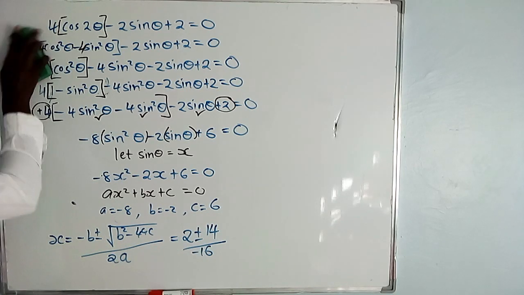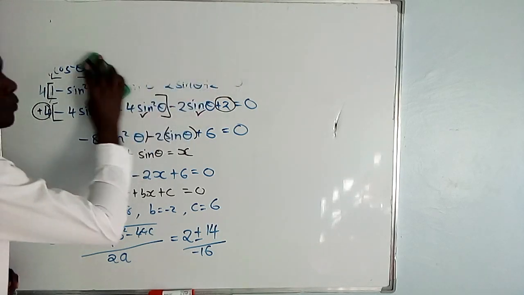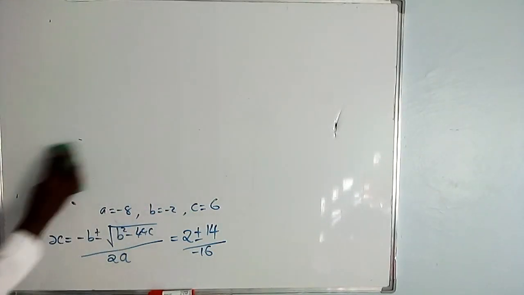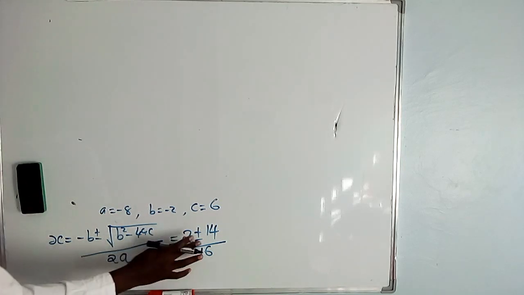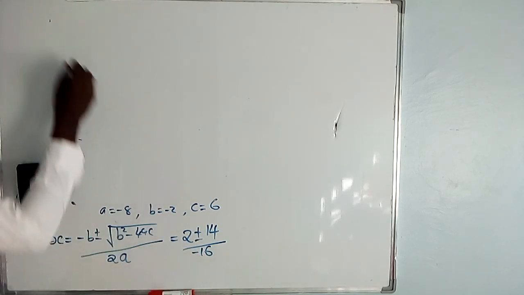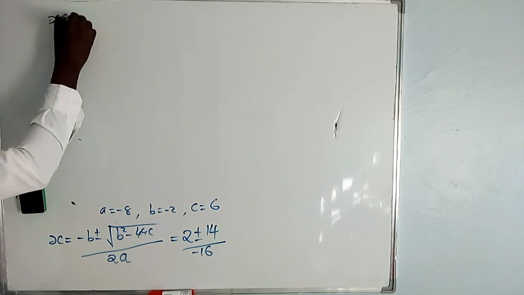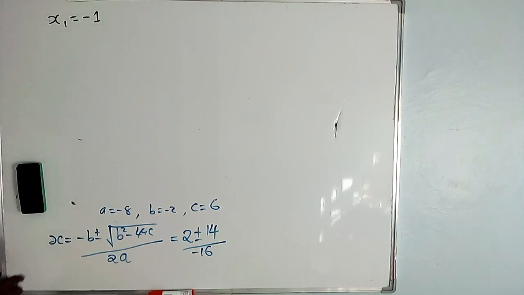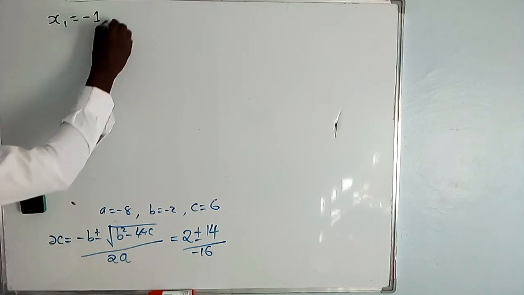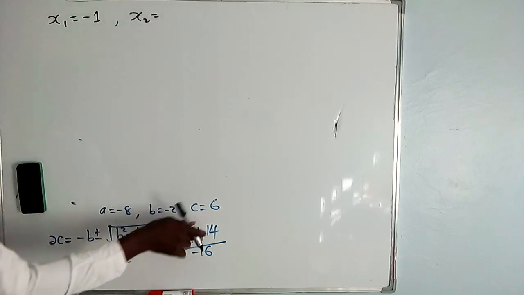Are we together? So from there, what is the first value of x? For x1, you block the negative sign in the middle, isn't it? So x1 will be 2 plus 14 divided by negative 16. You get x1 to be negative 1, isn't it? Then the next value of x, x2, you block the positive sign in the middle.